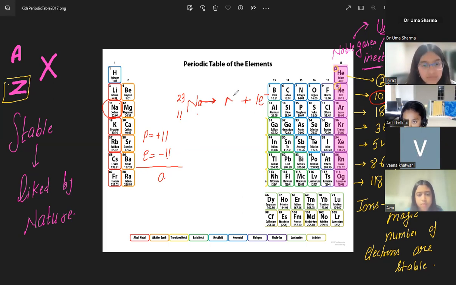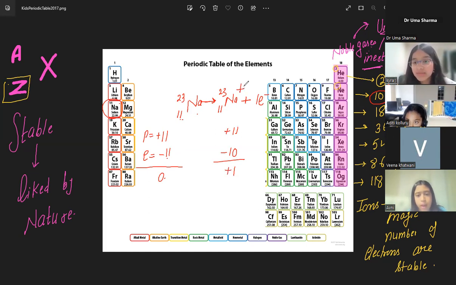So there is no change in the atomic number. It's still 11. Still 23. So how many protons? Still 11. How many electrons? 10. What is the net charge? 1. So this sodium has a plus charge.